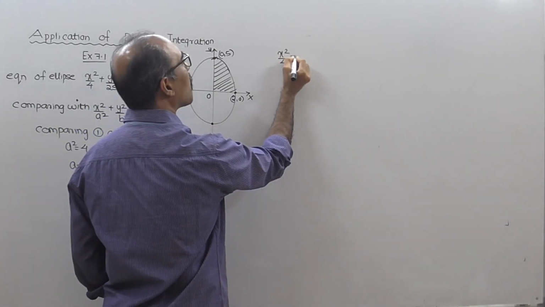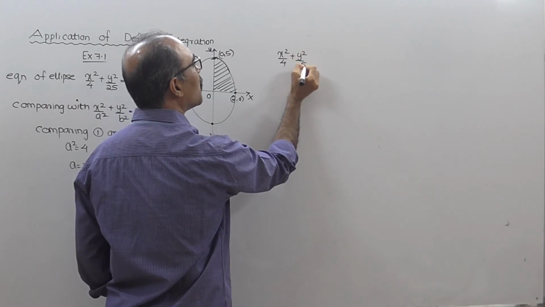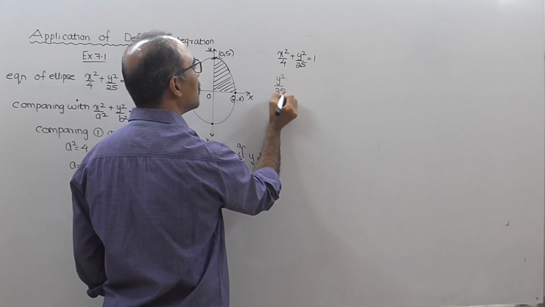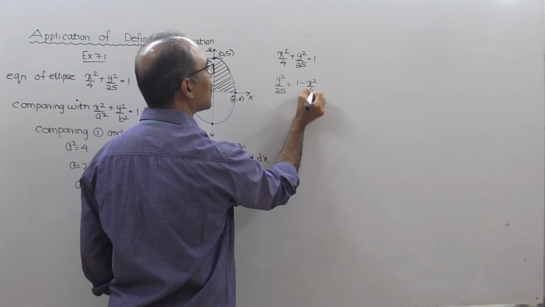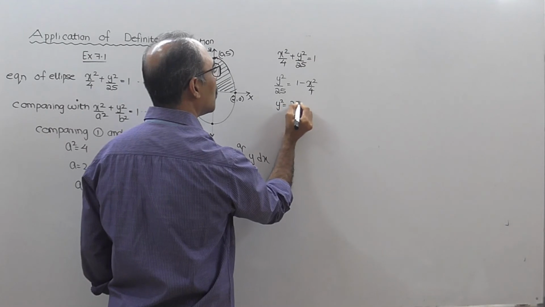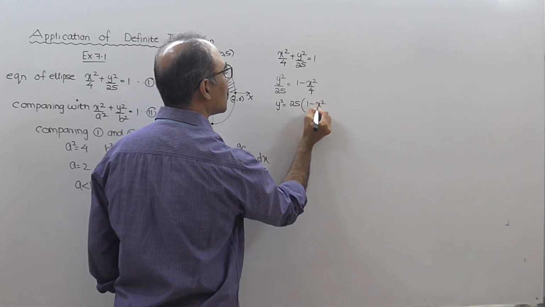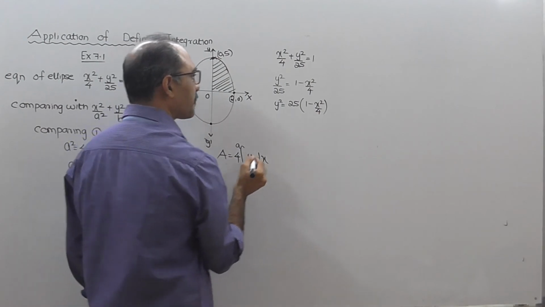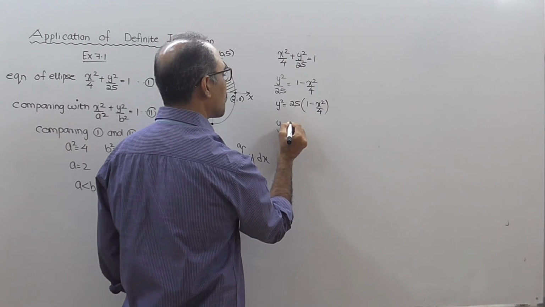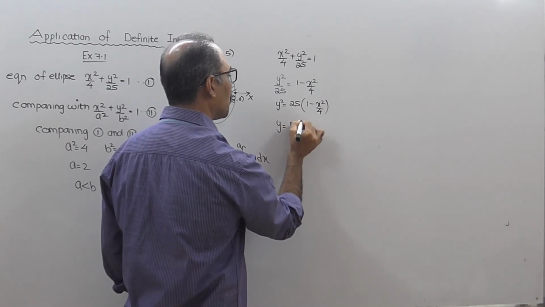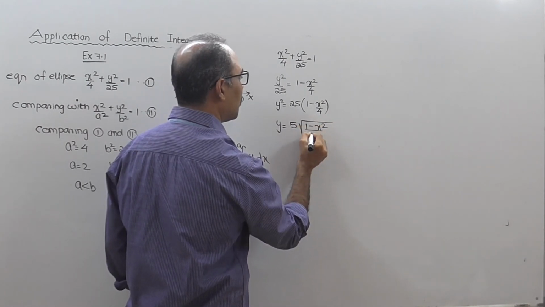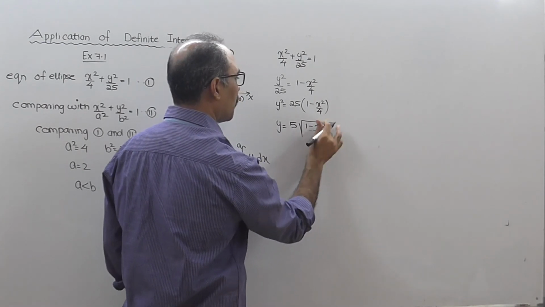See, we want integration of y, but they have given that x square upon 4 plus y square upon 25 equal to 1. So you have to find the value of y. So I'll say y square upon 25 equal to 1 minus x square upon 4. So I get y square equal to 25 into 1 minus x square upon 4. So y will be equal to 5 root of 1 minus x square upon 4.